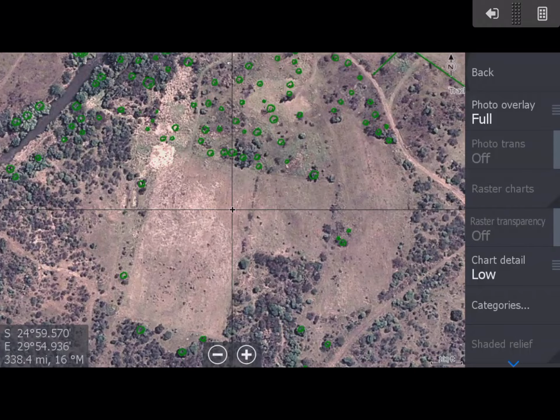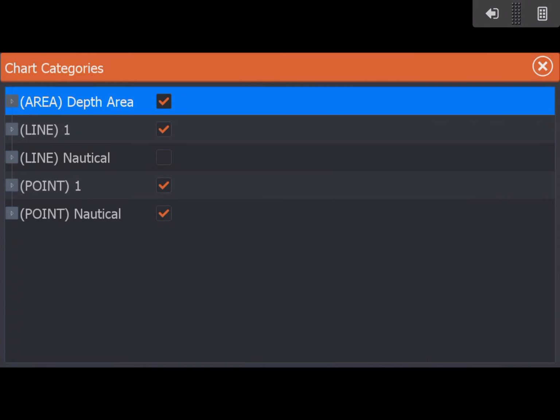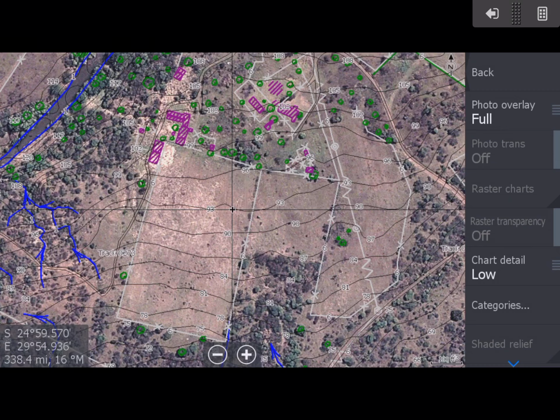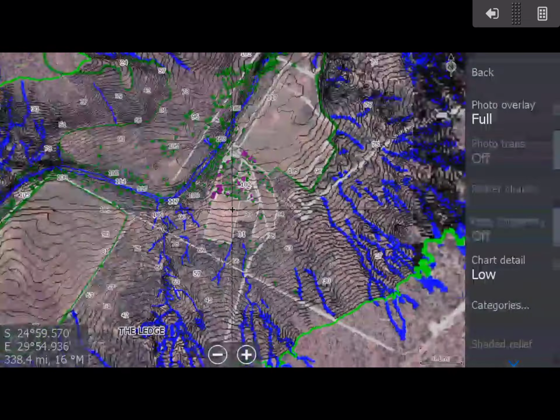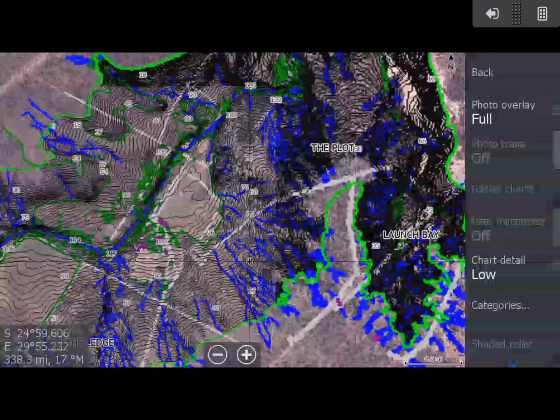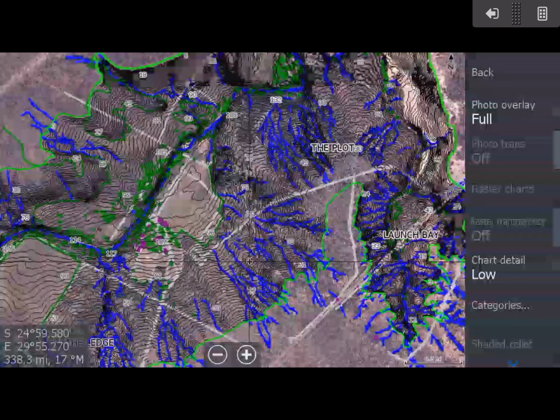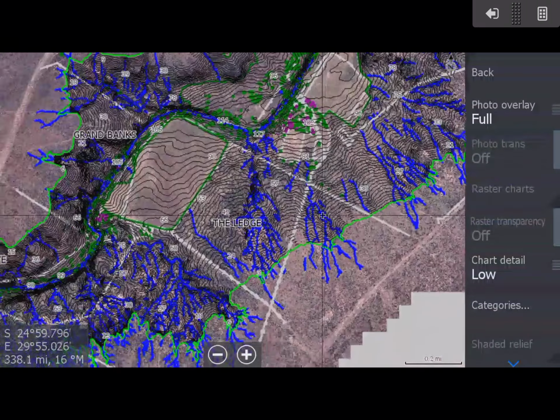I think that's quite interesting. You can turn it back on. There it is there. There's your contours, obviously very, very deep in that particular area. But wherever you get into your sort of shallower areas, you could very much apply the same sort of thing.